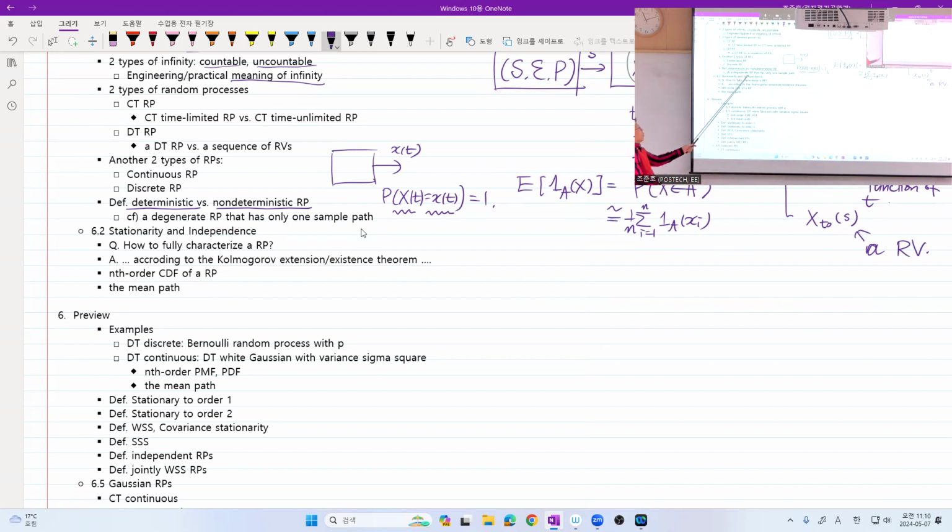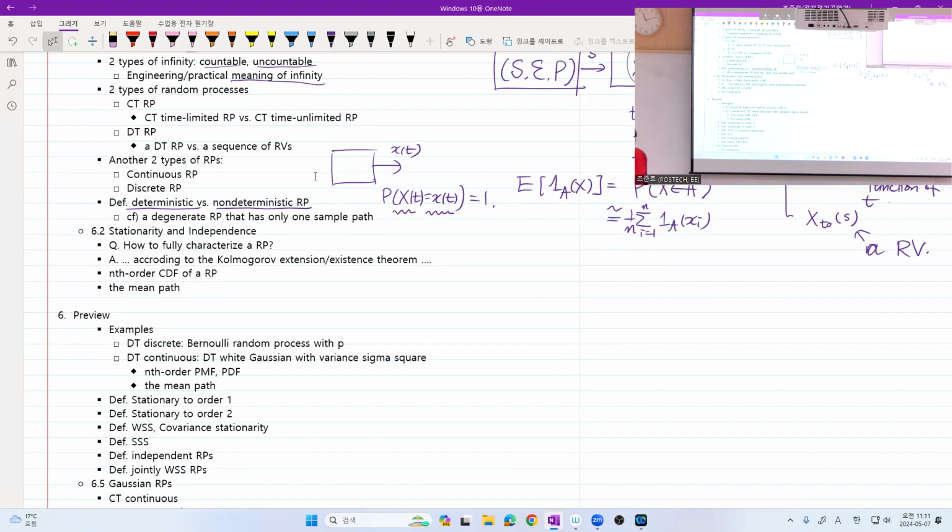However, most random processes are not deterministic. They are non-deterministic random processes. What does that mean? Even though you have the full observation of a sample path up to some time instant, you cannot perfectly predict the future evolution of the random process. In that case, the random process is called non-deterministic.